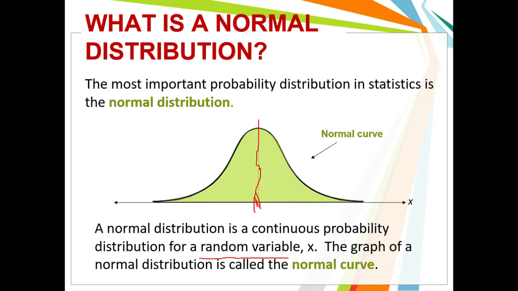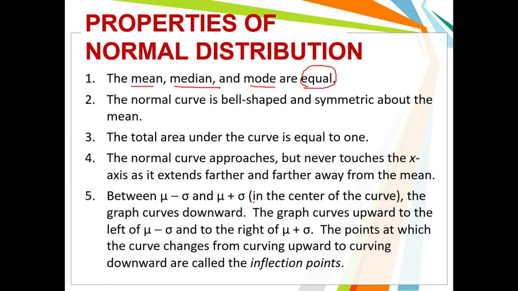So yung ating value na andito sa line of symmetry, that is the value for the mean, median, and mode na equal. Kasi pag hindi siya magiging equal, hindi siya magiging symmetrical or maraming points of symmetry yung ating curve. However, pareho yung ating mean, median, and mode.